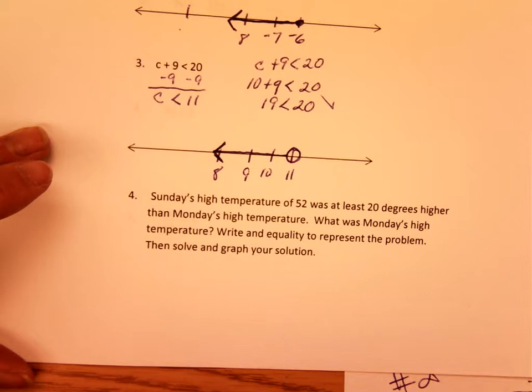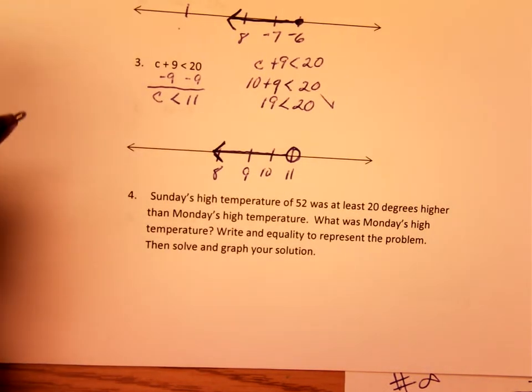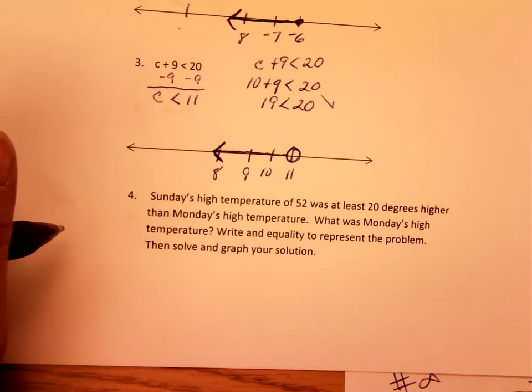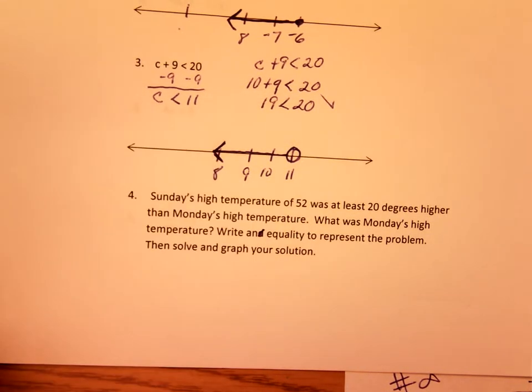Number 4 says Sunday's high temperature of 52 was at least 20 degrees higher than Monday's high temperature. What was Monday's high temperature? Write an inequality to represent the problem, then solve and graph your solution.